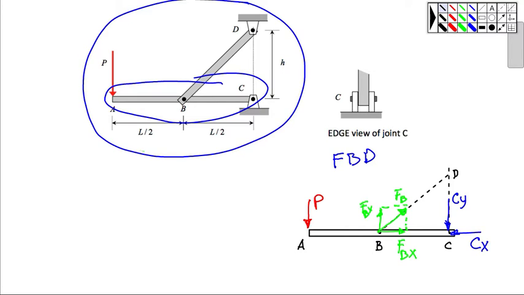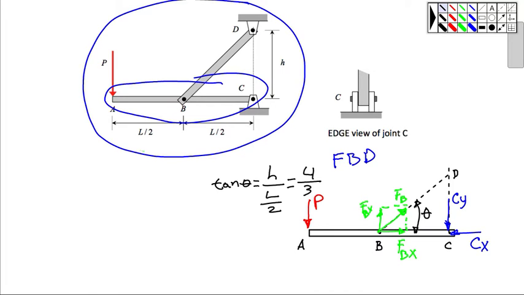We have also this angle that I will call theta, and then we can calculate the tangent of theta, that is equal to h over L over 2, which is equal to 4 over 3.